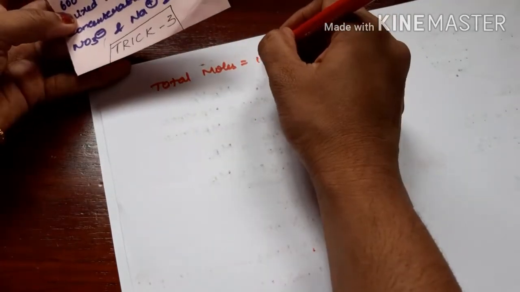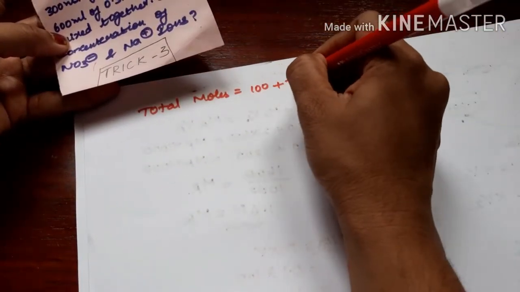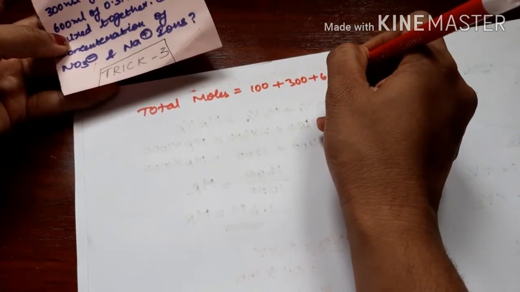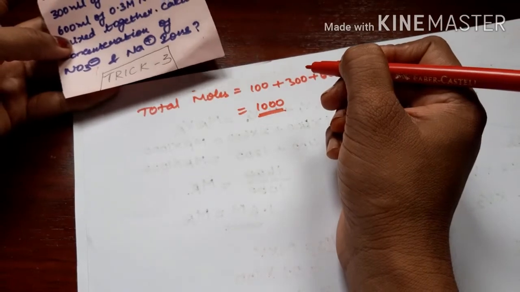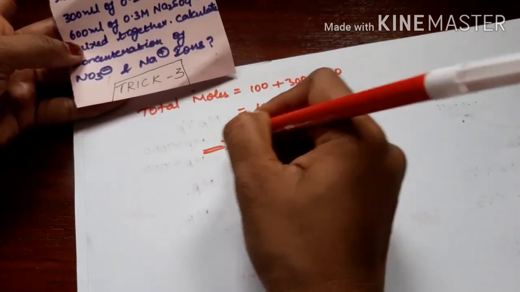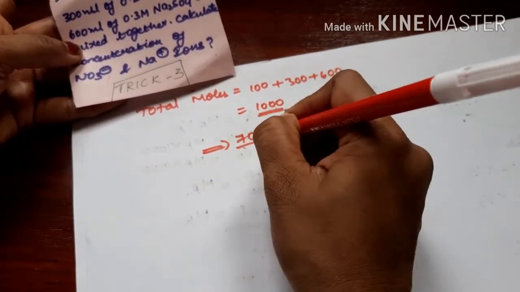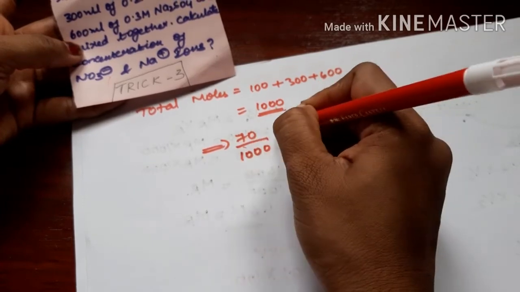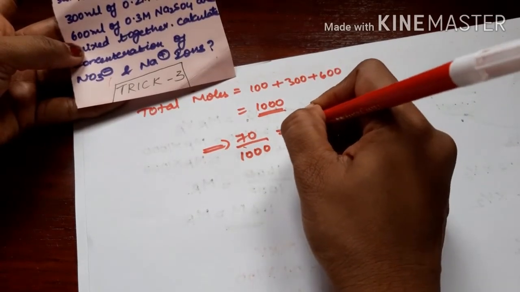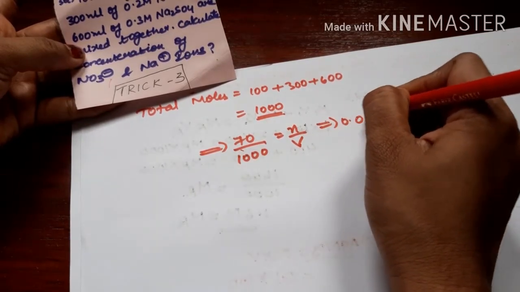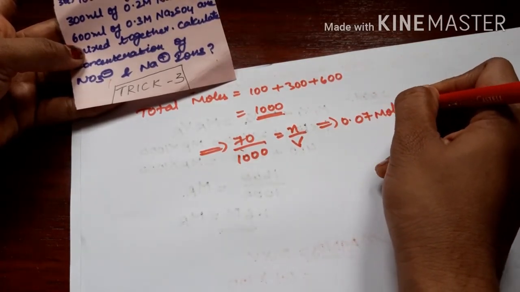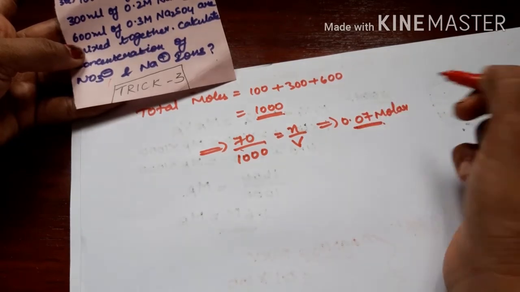That means 100 plus 300 plus 600 gives 1000 ml. So we get 70 by 1000, that is n by V, which is 0.07 molar.